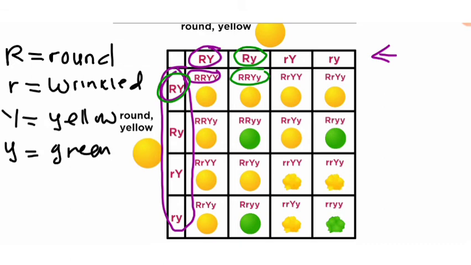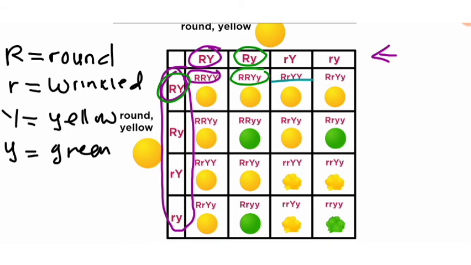So now let us look at what we have here. Let's try to analyze this. Let us focus on this one. We've got capital R, which means round is dominant, and the small letter r, which means wrinkled is recessive. It's not going to show in the phenotype. And then we've got YY, so yellow is also dominant.